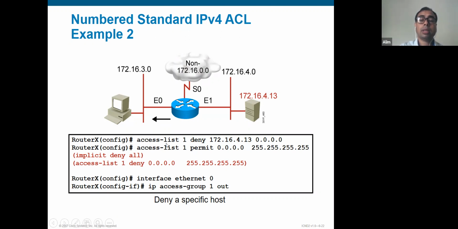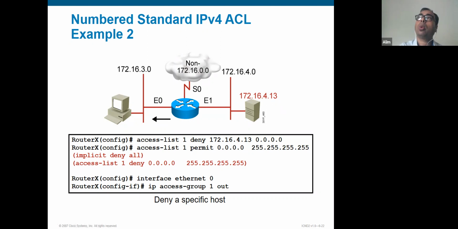At first, access list 1 deny. You can see on the right-hand side 172.16.4.13 is the computer, a specific host.